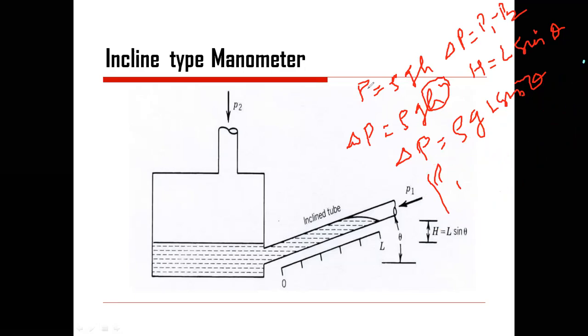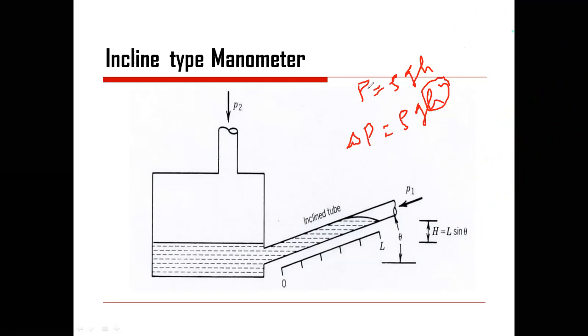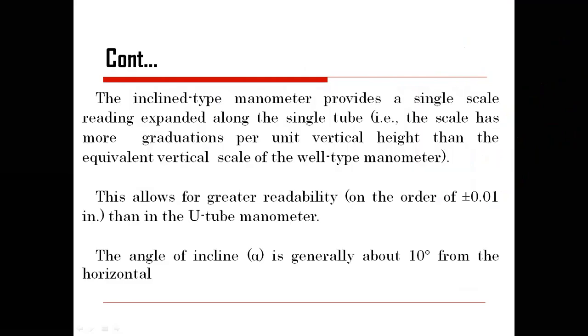Likewise, here we can determine the value of an unknown pressure by using a U-tube manometer, well type manometer or reservoir type manometer, or inclined type of manometer. The inclined type of manometer also provides a single leg and single scale reading, which has been expanded along the single tube, as we have seen in the previous case.